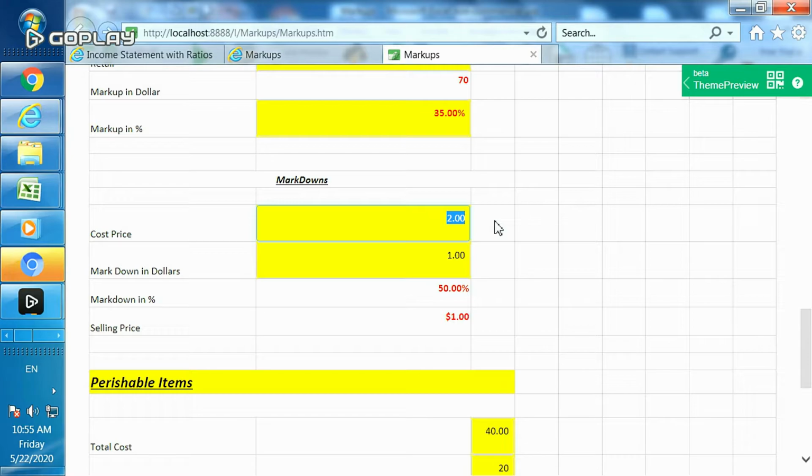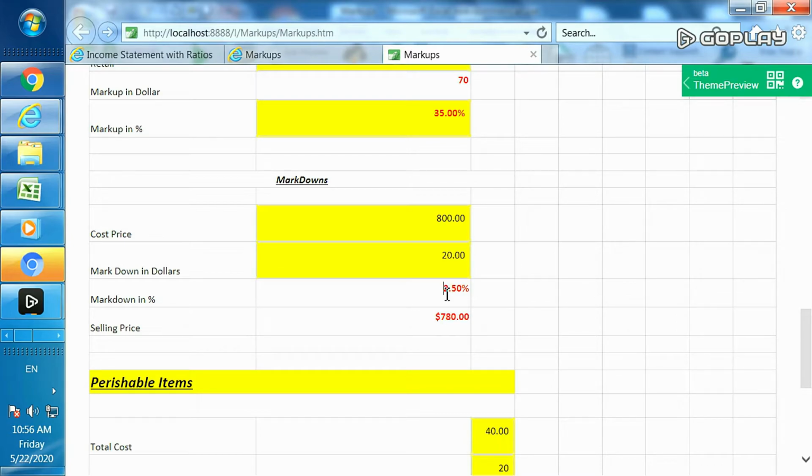So let's say the cost price for the item was $800 2 days earlier. And you know what the markdown is, in dollars. So markdown in dollars is, let's say, $20.